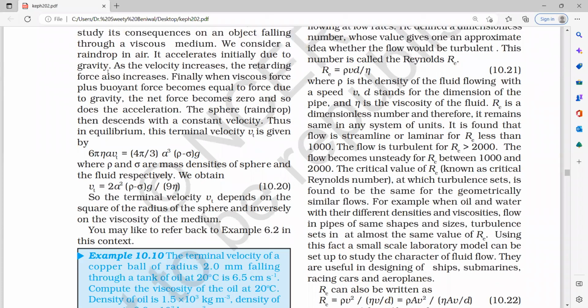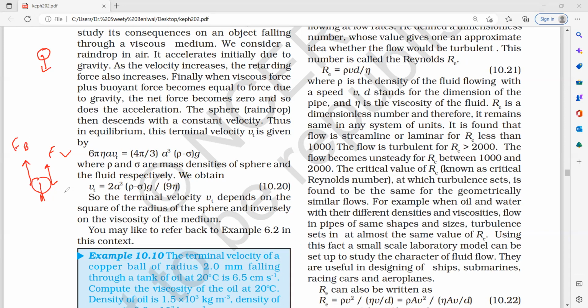So why are we using the word terminal velocity? Initially the raindrop was here, and due to gravity its speed will increase, but there will be one time when, with gravity acting downward, the force of buoyancy and viscous force will balance the force of gravity.